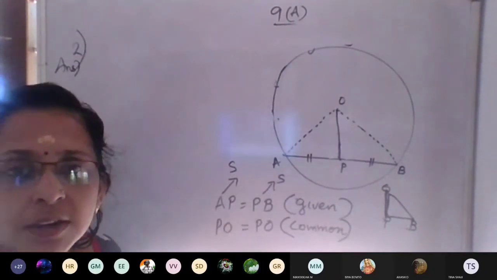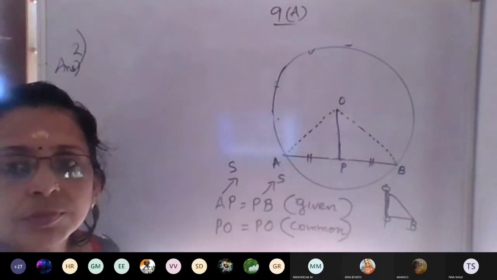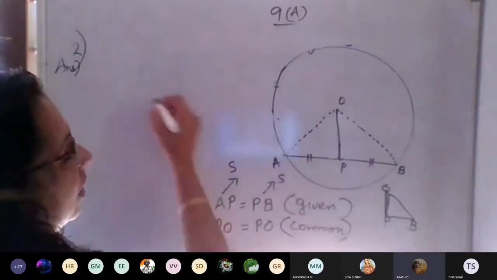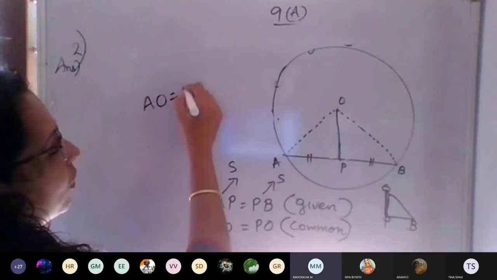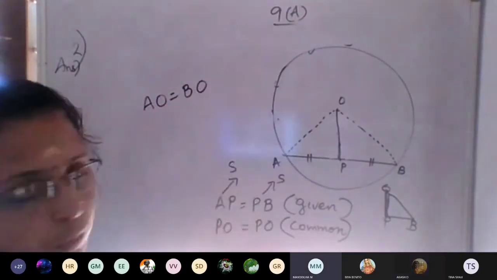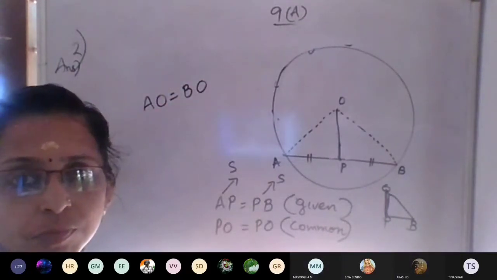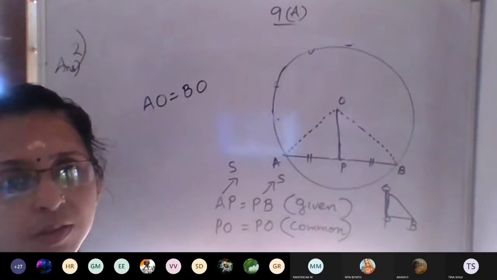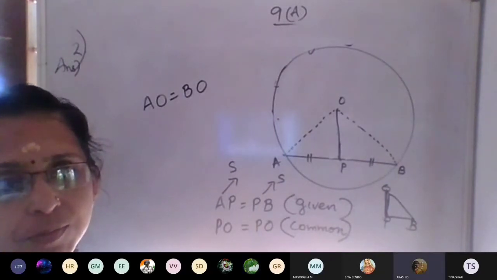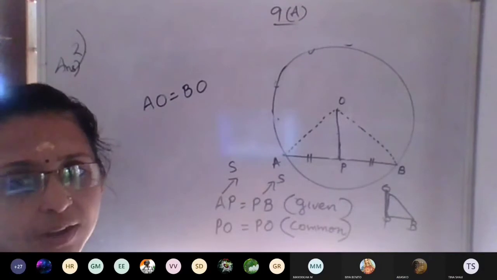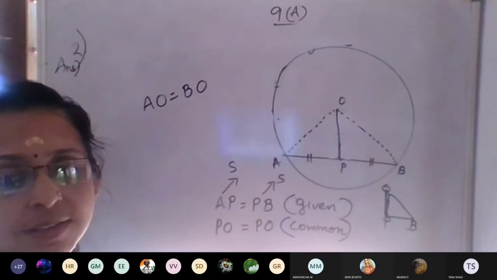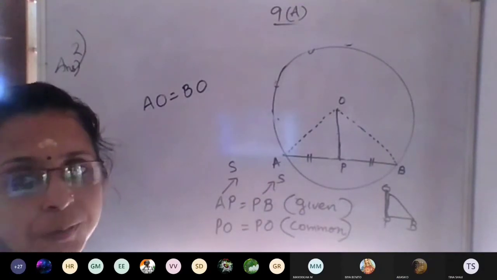Third side. How can we write the third side? Reason: AO is equal to BO. Look at that. Given O is the center of the circle.